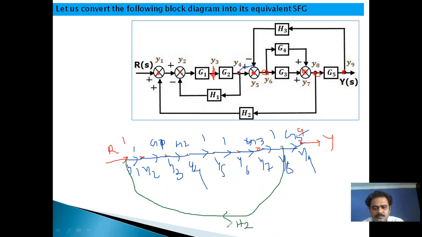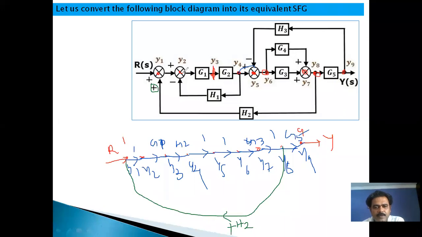Here we have to observe, it is a positive sign, so we multiply h2 with plus 1, and the gain value becomes plus h2. Is it clear? The signal travels from y8 to y1, and its gain value is h2.